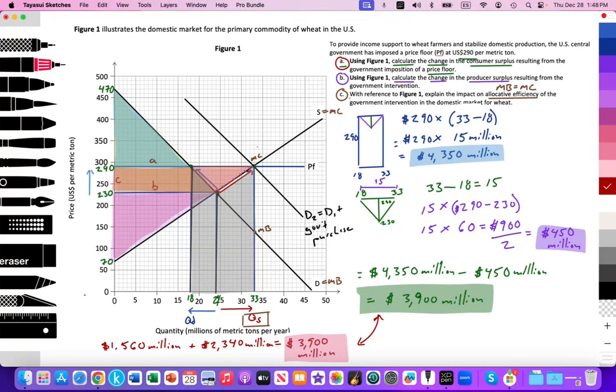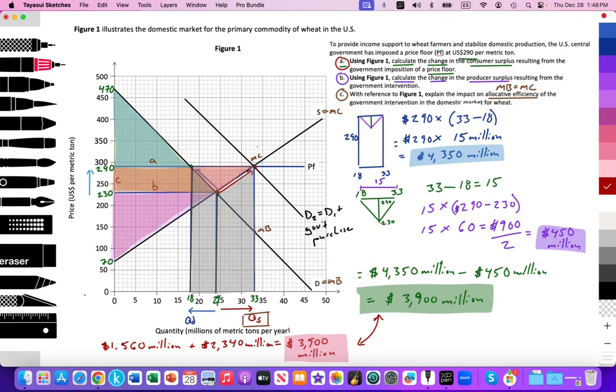So to answer question C, we can highlight that the government has overallocated tax revenue by the amount of 3,900 million or 3.9 billion to the production of wheat, and we've overproduced. We're at a quantity of 33 million metric tons. The marginal cost to society is greater than the benefit to them.